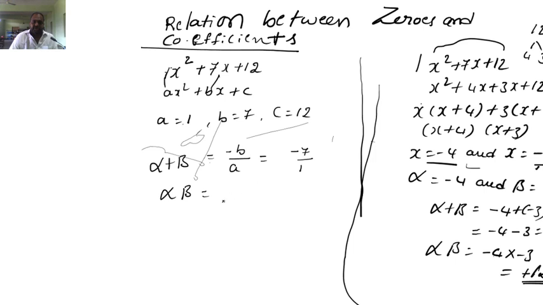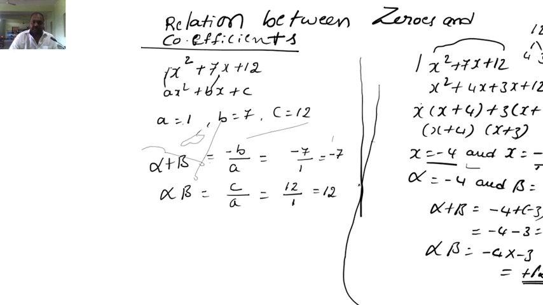Alpha into beta is the constant term by the x square coefficient. Constant term is c, x square coefficient is a. In the original quadratic equation, c means 12 by the x square coefficient 1. Here minus 7 by 1 means minus 7.